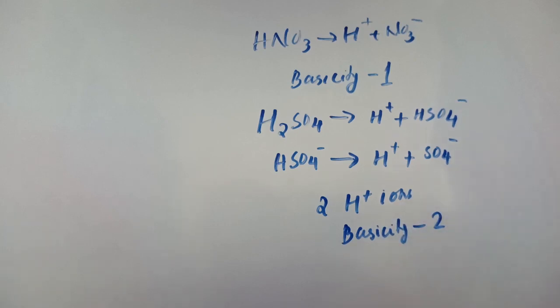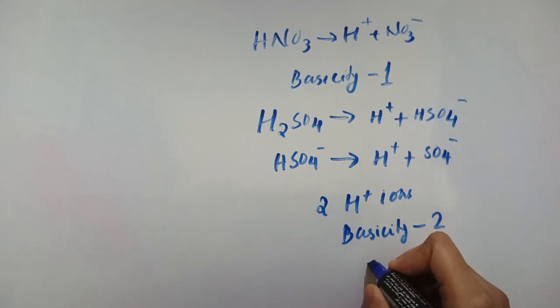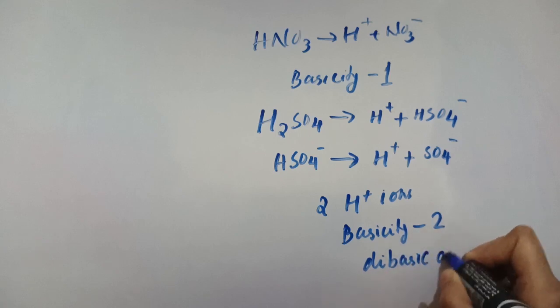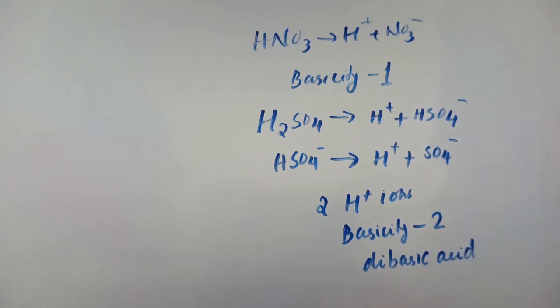If basicity is 2, it is said to be a dibasic acid. Dibasic acids are explained. If basicity is 2, then that acid is said to be a dibasic acid.